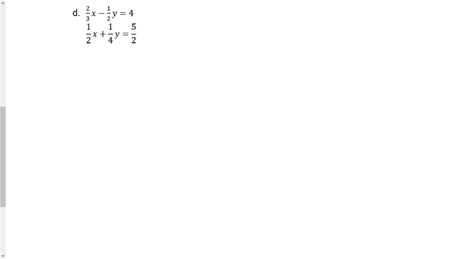Because a beautiful thing to work with fractions is we can actually eliminate our fractions. Well, in order to get rid of a 3 as our denominator and 2 as our denominator, I can multiply every single term right there by 6.